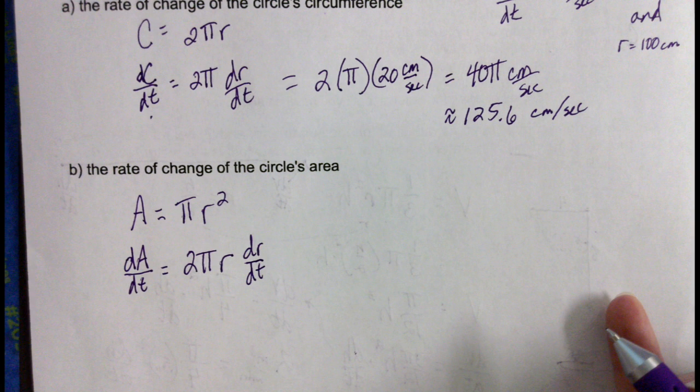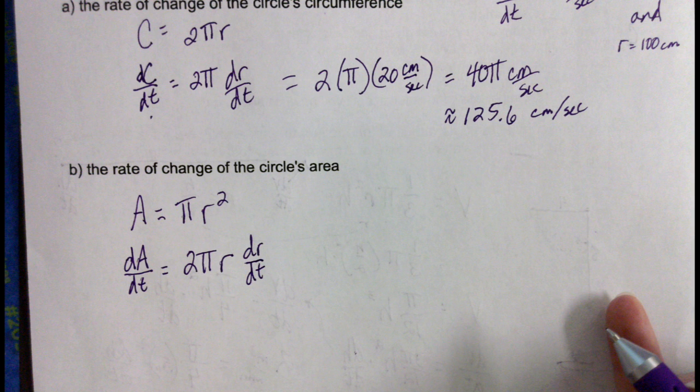Okay. And when the radius is 100 centimeters, the area will be changing at a rate of 4,000 pi.